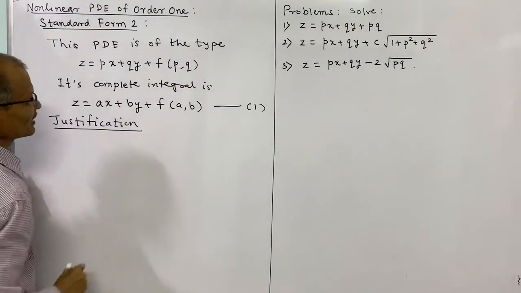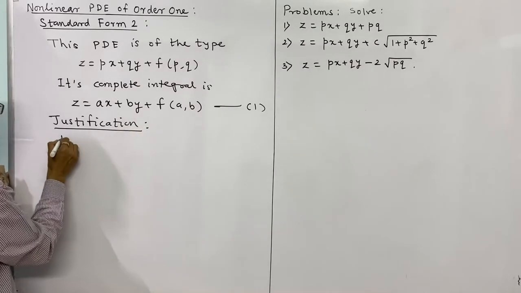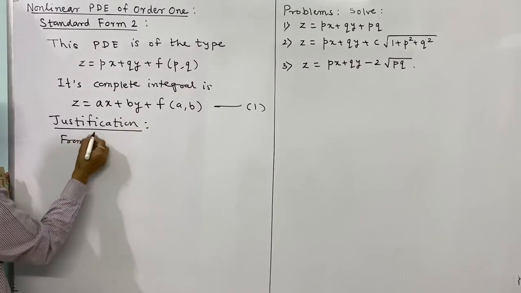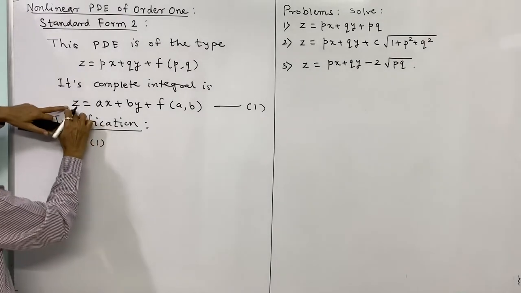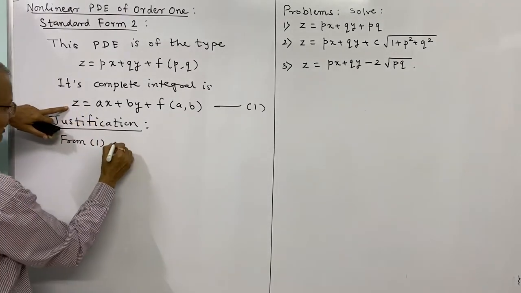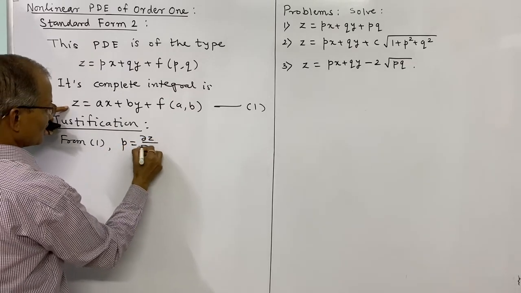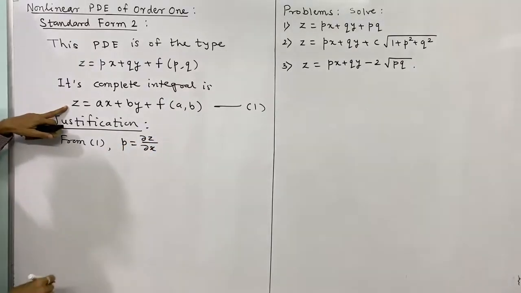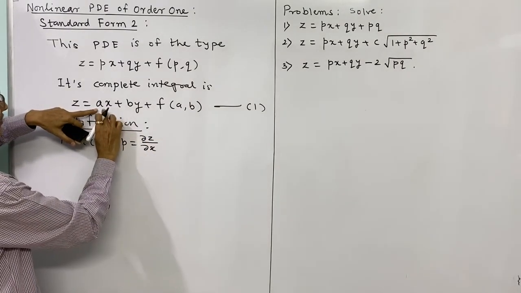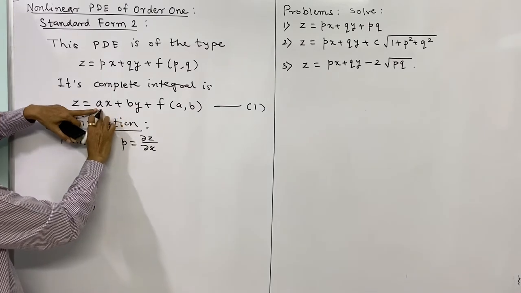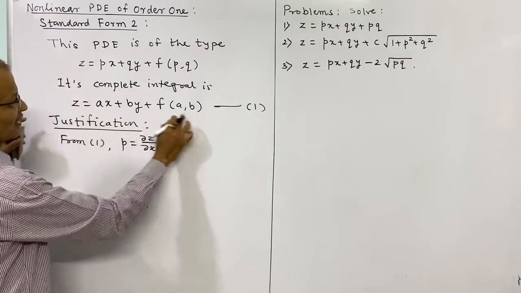Justification for the complete integral. We have from 1, differentiate 1 with respect to x first, that is, the partial derivative of z with respect to x, which we denote by p. When we differentiate with respect to x, the derivative of x is 1, and the remaining are treated as constants.